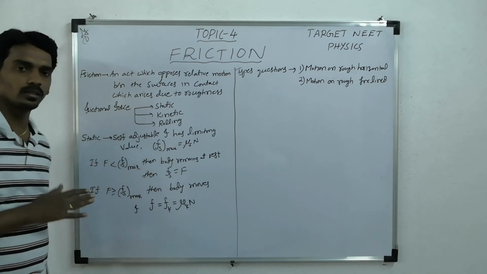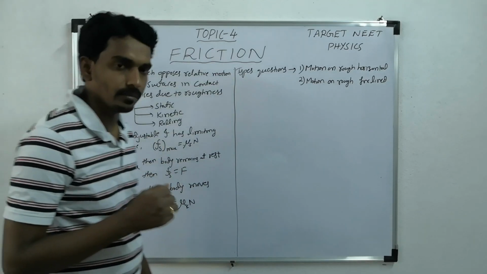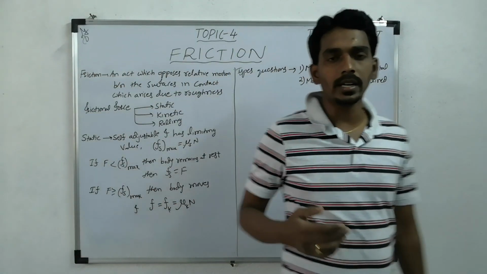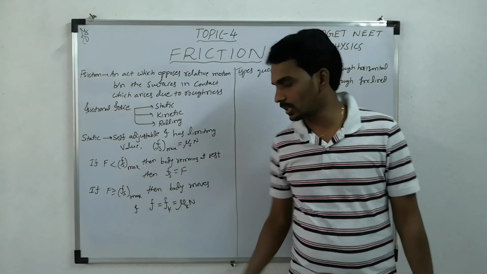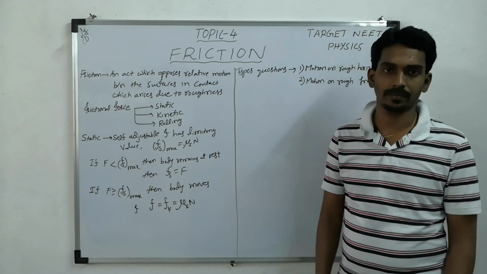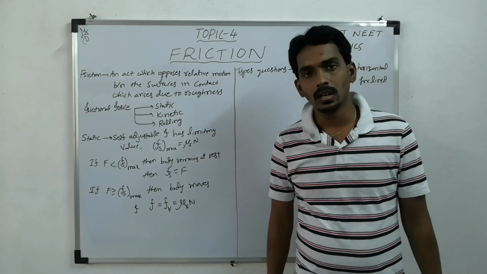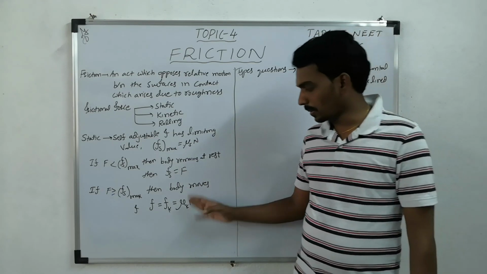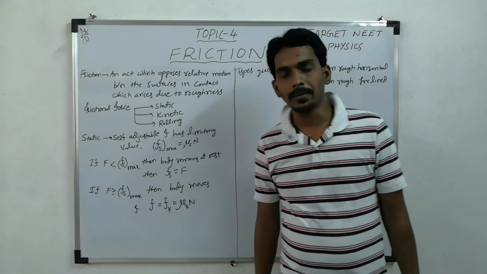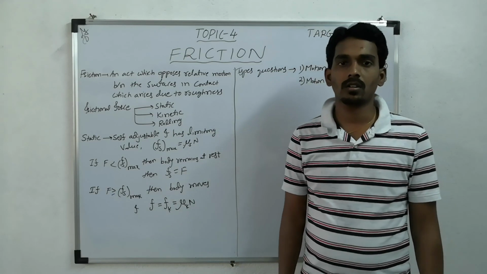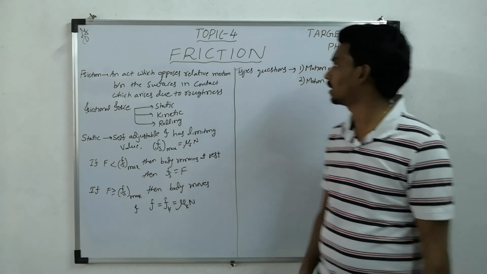That's why we have given another name, and this is the opposition developed when the body is in motion. That's why we call it kinetic friction, which also depends on the normal reaction. And here the proportionality constant is mu k, the coefficient of kinetic friction.